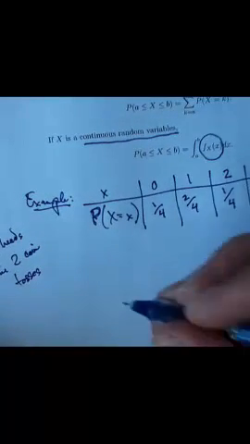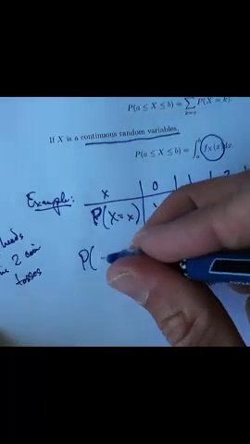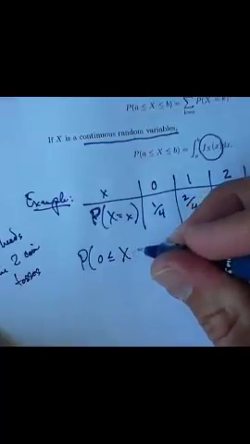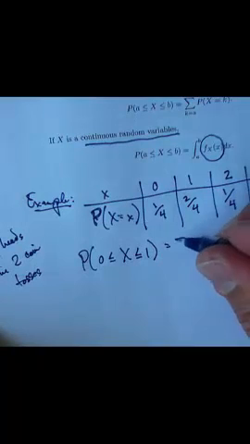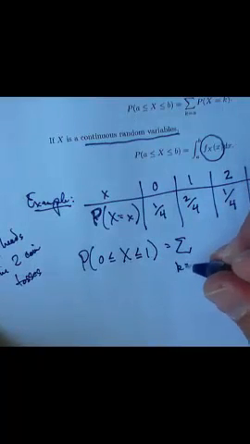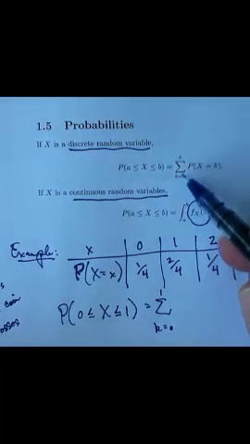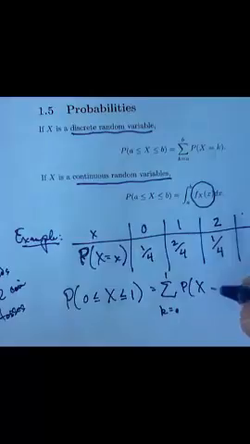Now, what if I'm interested in the chance that x takes on a value between, say, 0 and 1? It's pretty easy, right? This says to sum up, okay, goes from 0 up to 1, right, that's what my instructions say. From 0 up to 1, the probability that x equals k.